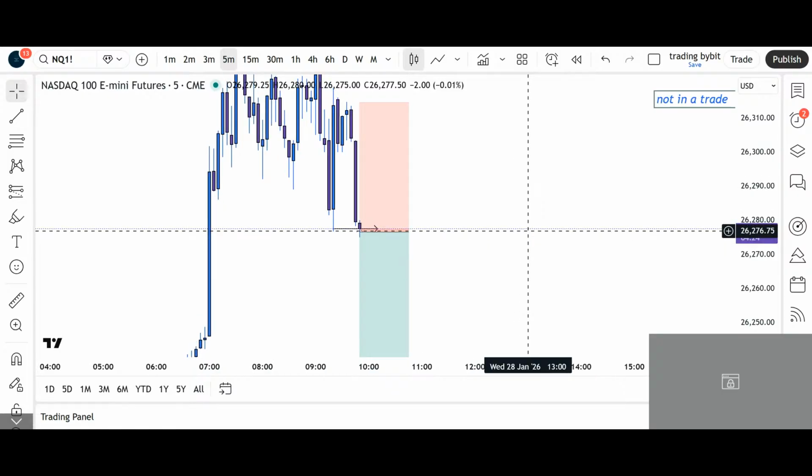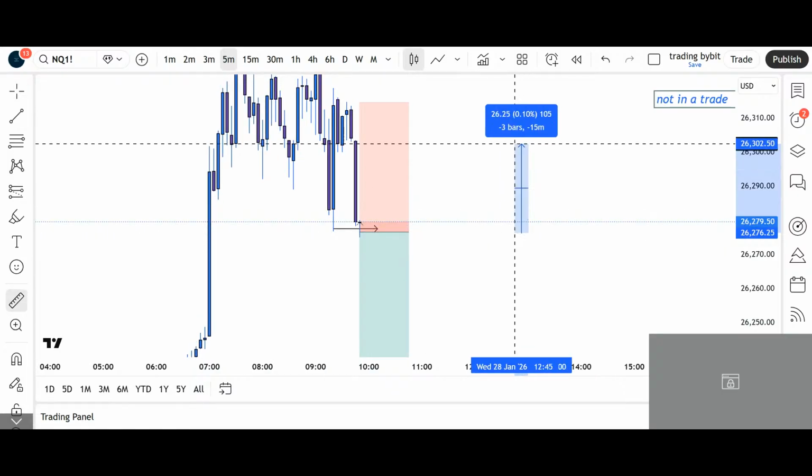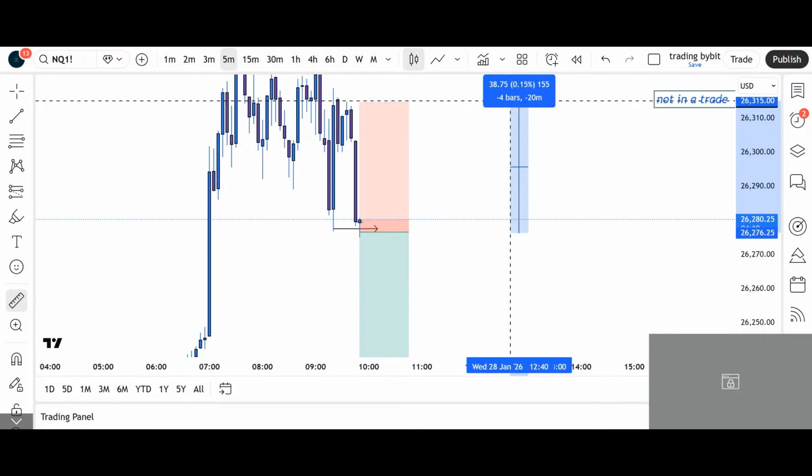I'm not gonna trade yet. I'm still looking at what we can do because we took out our low one more time now.